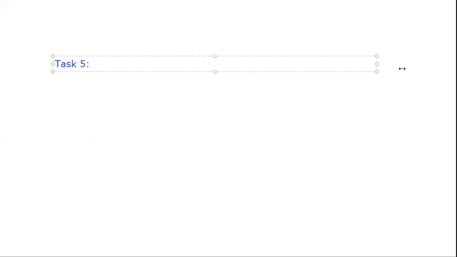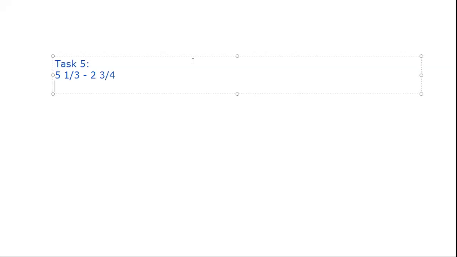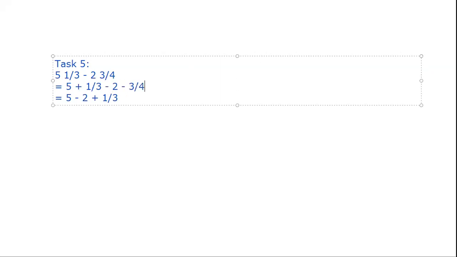Now some of you did a good job with that. So let me first do 5 and 1/3 minus 2 and 3/4. I think the first step should be to note that it is 5 and 1/3 minus 2 minus 3/4, right?